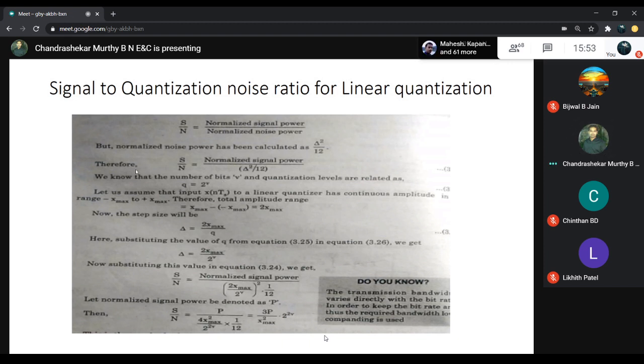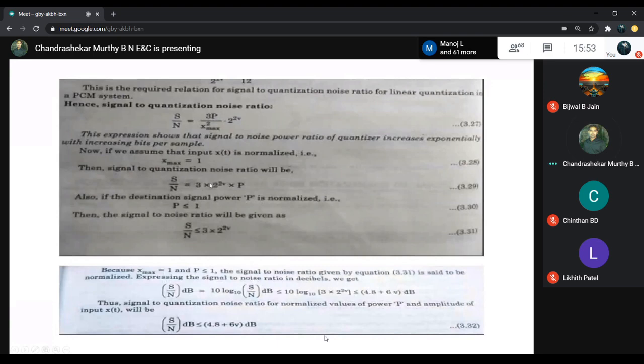So v is the number of bits, and the signal to noise ratio depends upon the value of v.